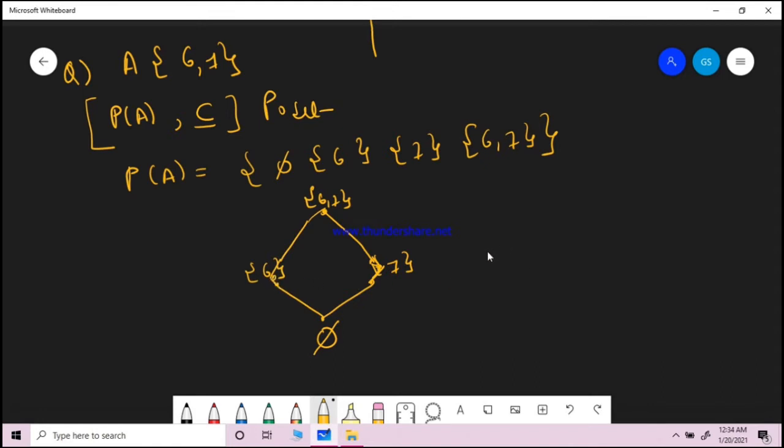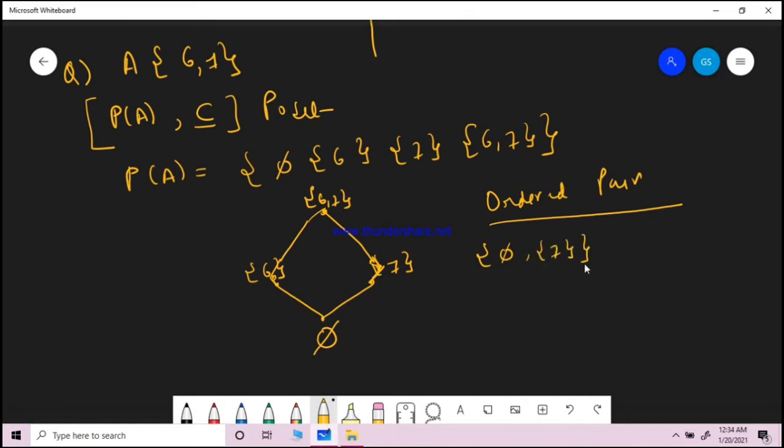Now you have to tell me what the maximal element is in this case and what the minimal element is. First of all, just perform the pairing. You have to pair all the elements, meaning you have to represent the connections. You have to find all the possible ordered pairs. The first pair is the empty set and 7.